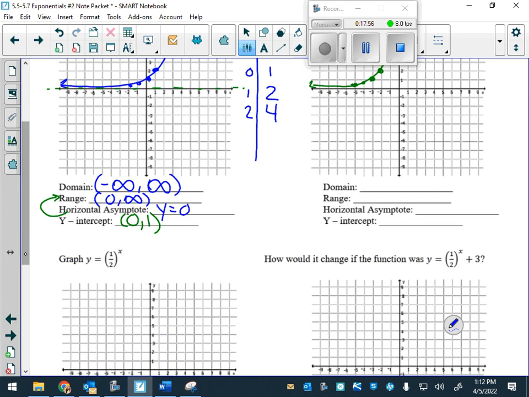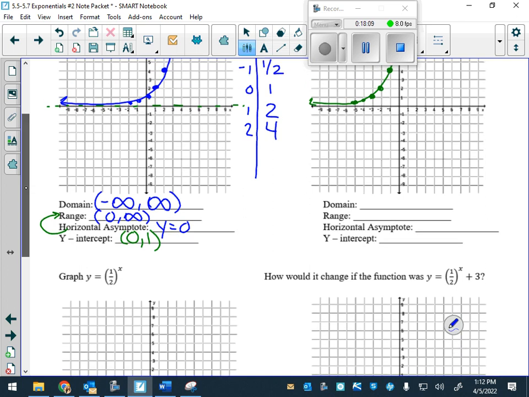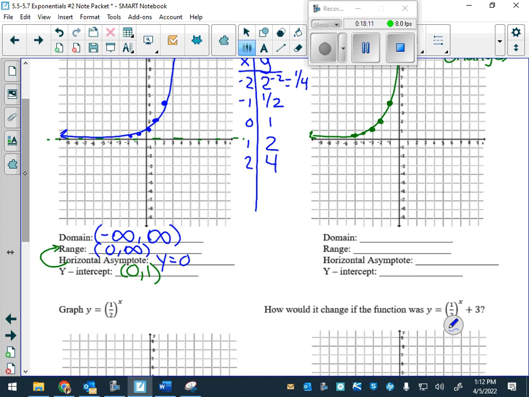So looking at domain, range, horizontal asymptote, and y-intercept, what's the same? What's one thing that's the same? Nolan, which would be what? Good. What would our range be?